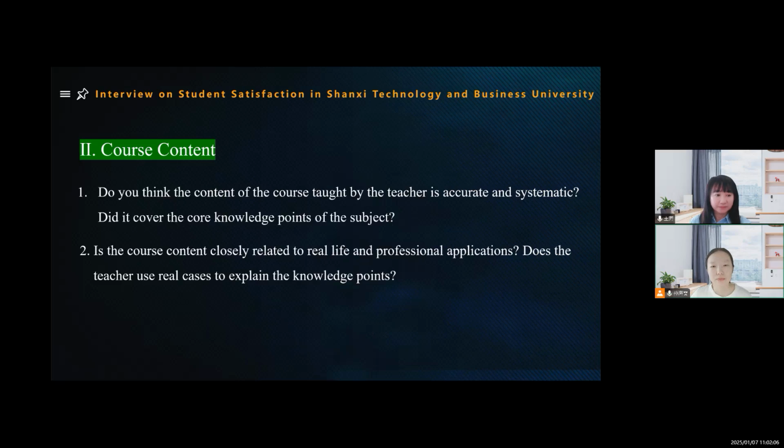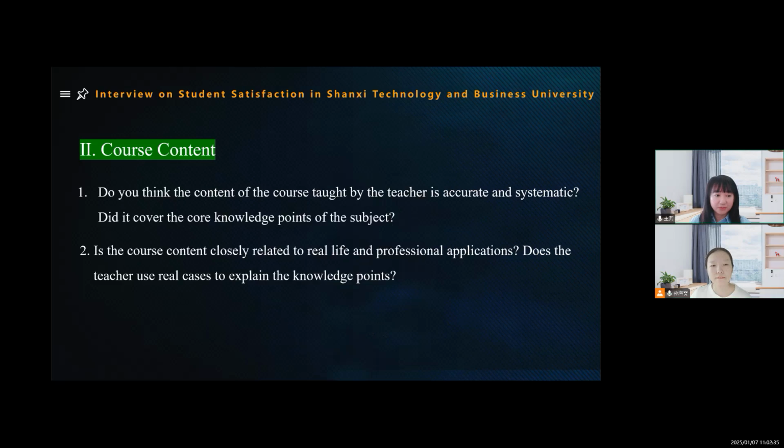In addition, the teacher will also assign some homework based on actual corporate situations, such as formulating a corporate marketing plan or a human resource management optimization plan, so that we can apply the knowledge learned in class to actual operations and further deepen our understanding and mastery of knowledge.